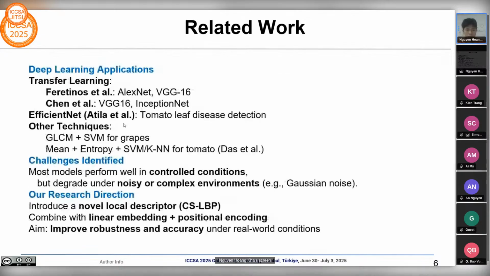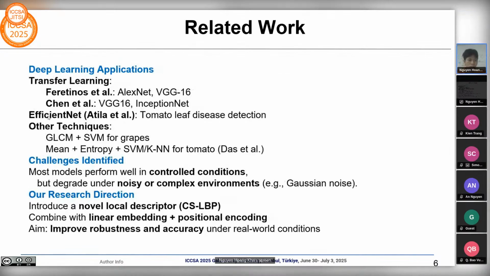Next is deep learning application. Transfer learning, we have EfficientNet. Other techniques are GLCM and SVM for rice, and k-means with entropy, SVM and KNN for tomato.